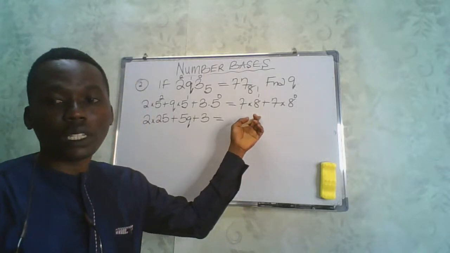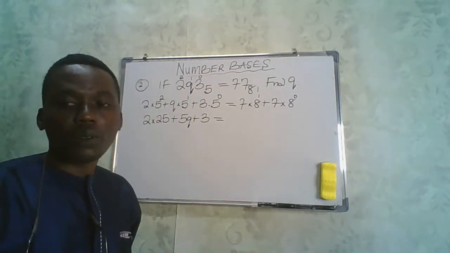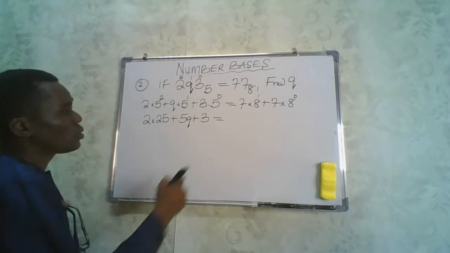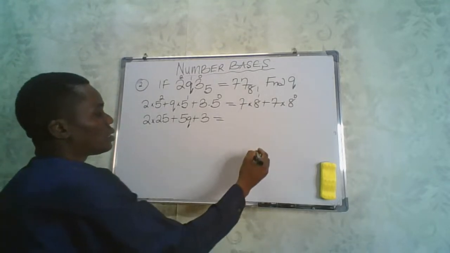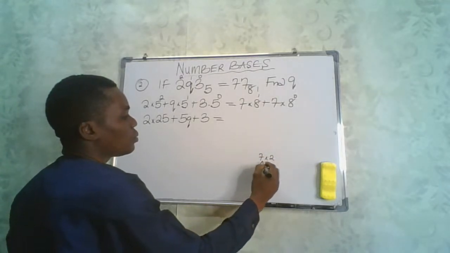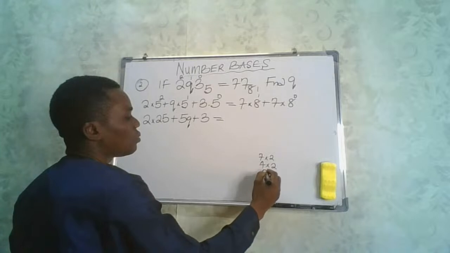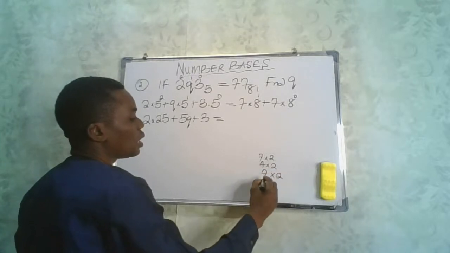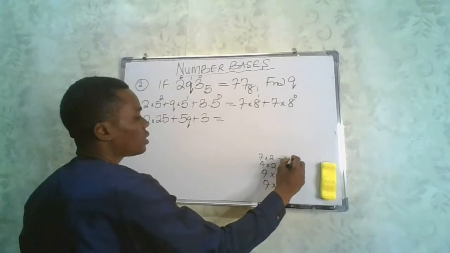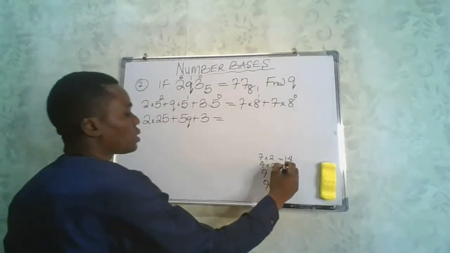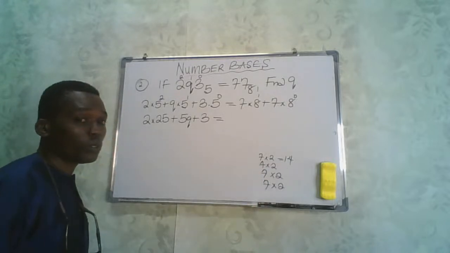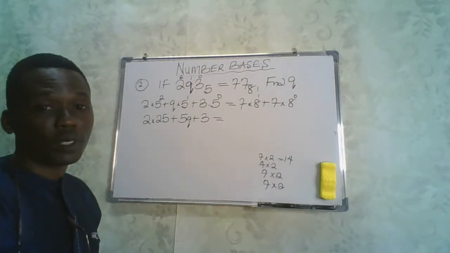7 times 8 is going to give us a value. That's 7 times 2, 7 times 2, and 7 times 2. 7 times 2 will give us 14, another 7 times 2 will give us another 14, which is 28. 28 plus 28 is going to give us 56.